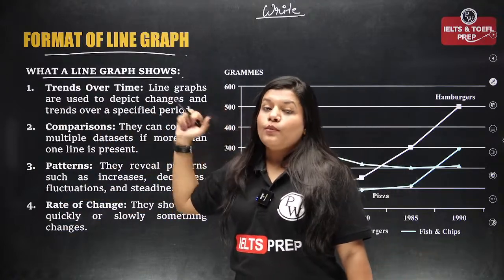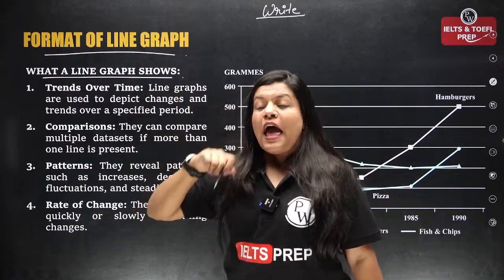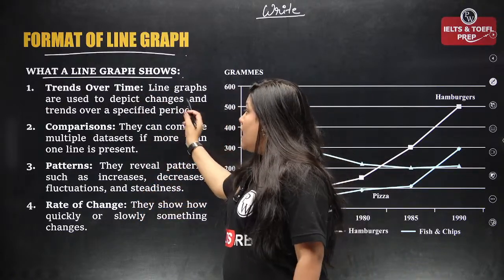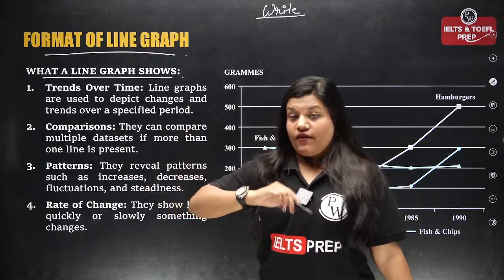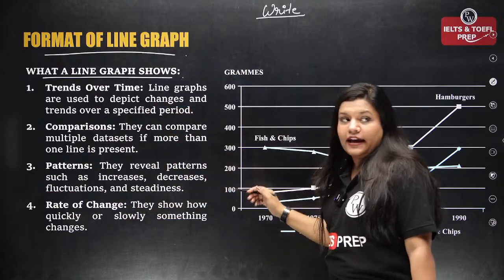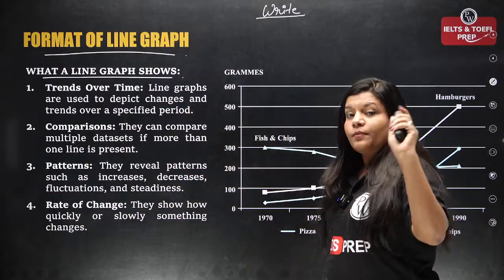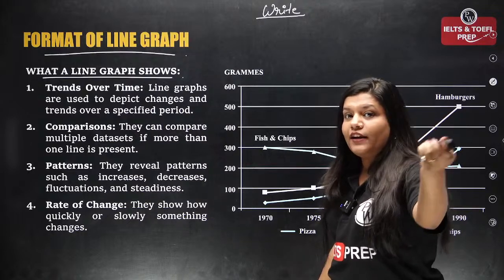Now the pie chart tells you about the percentage covered, and the line graph tells you about the trends over time. Whenever there is a change in trend, it is depicted by a line graph. All three graphs play different roles and are depicted in different kinds of situations.